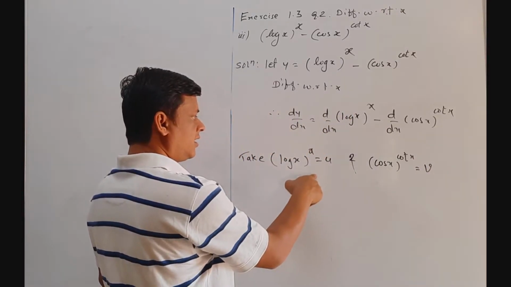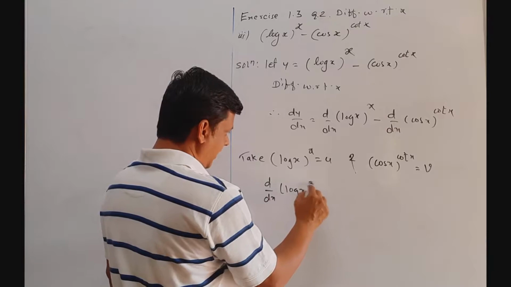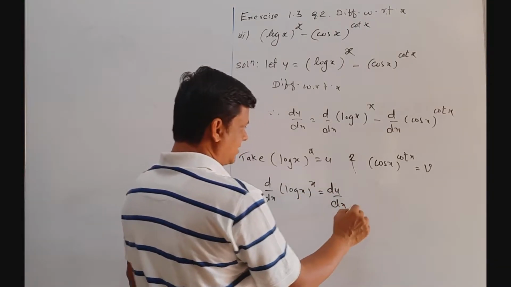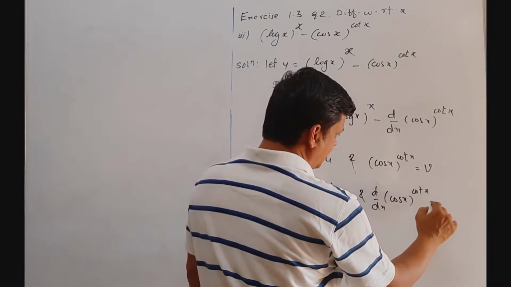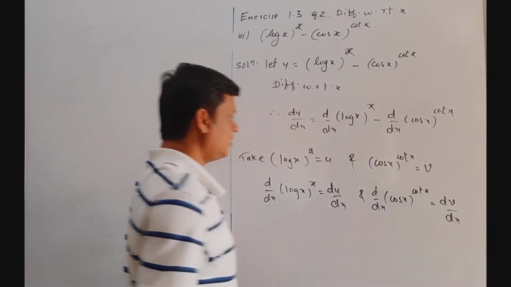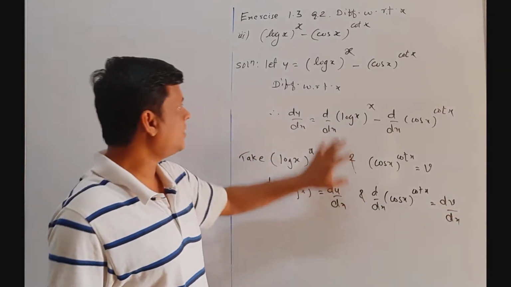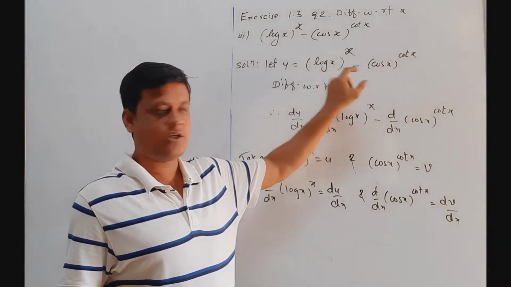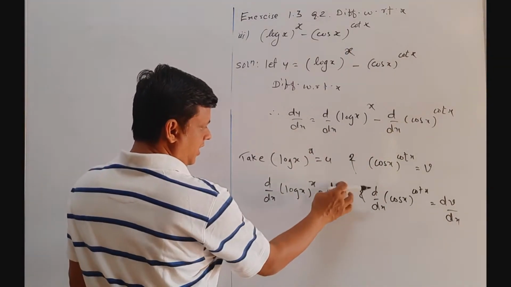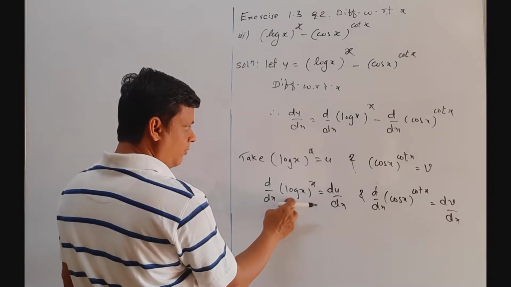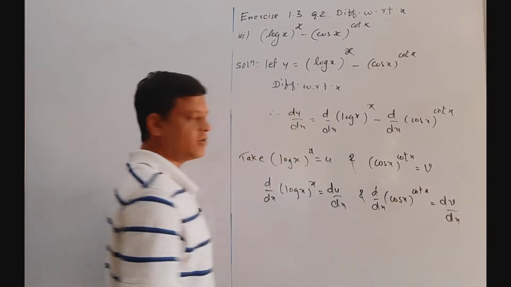That means differentiating these functions means finding du/dx, the derivative of (log x)^x, and dv/dx, the derivative of (cos x)^(cot x). So we find du/dx and then dv/dx.